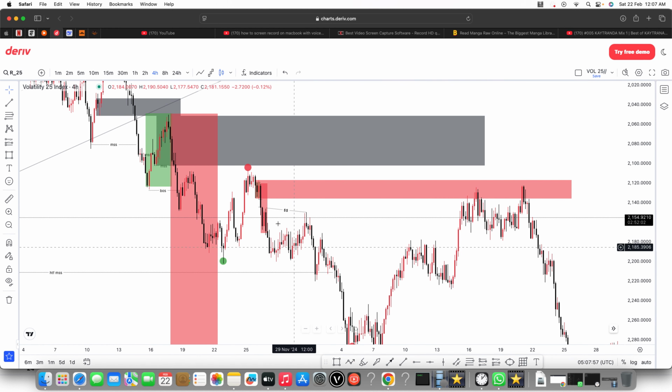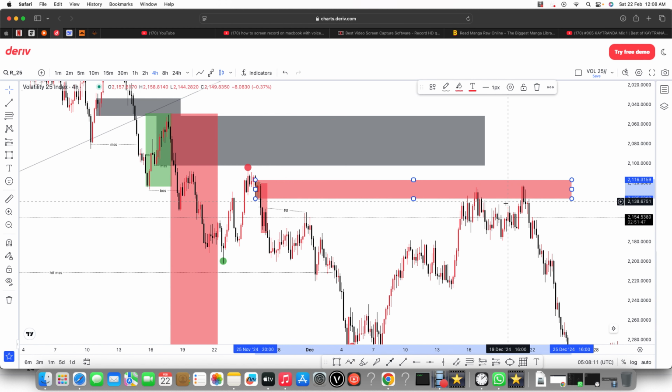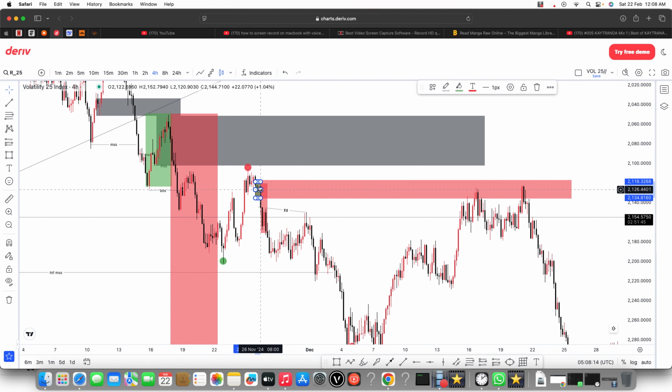Yes, it actually is, but this high, that shift here, is responsible for only the correlating trend, which in turn was respected, and this order block was already used at this particular area.